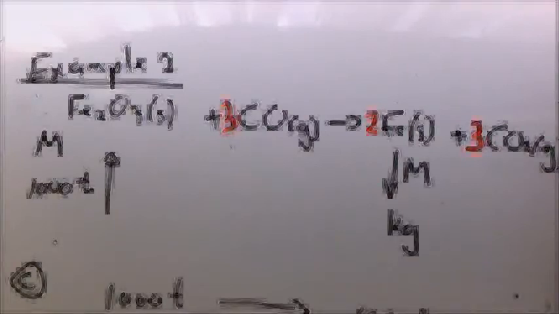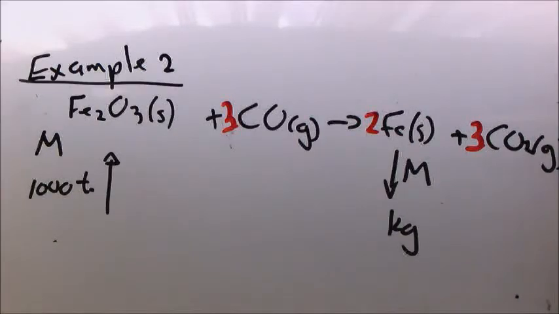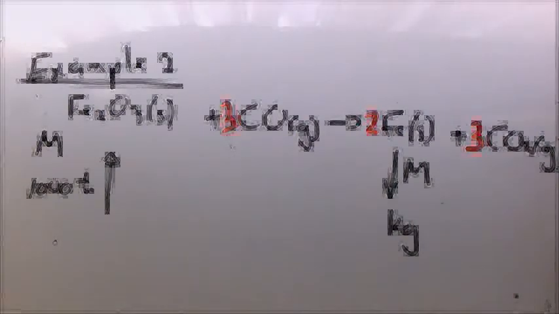The next question is question D, and they ask us, if the iron ore contains 85% of iron oxide, calculate how many tons of ore are needed to produce 1 ton of iron. So now we are back at some of the information that was asked for question C, right?